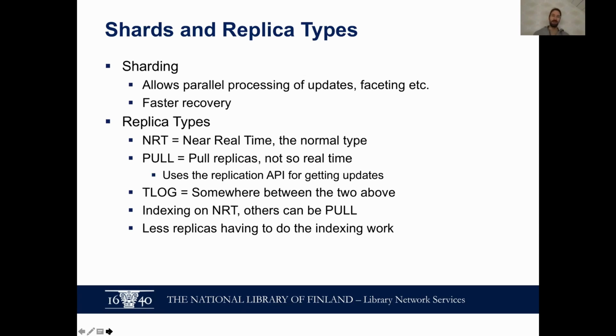Traditionally, if you increase the number of replicas to provide more capacity for searching, all of them also do the indexing work. When you send a record to Solr, it has to do all the analysis, everything in the chain that's required for processing the records, processing the fields according to their types.